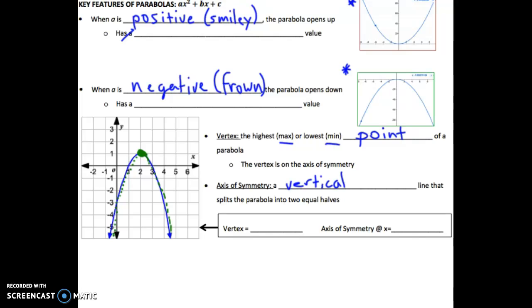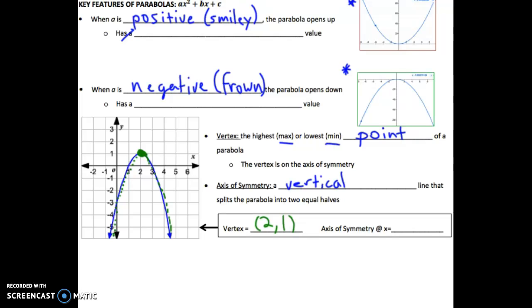That plotted point of that vertex is (2, 1). And then the axis of symmetry exists at the vertical line at that point.